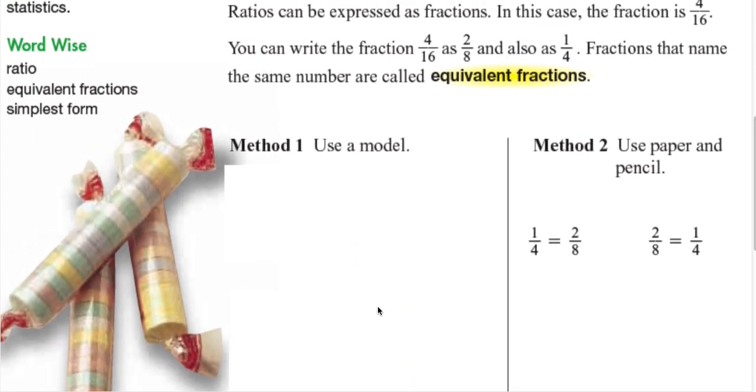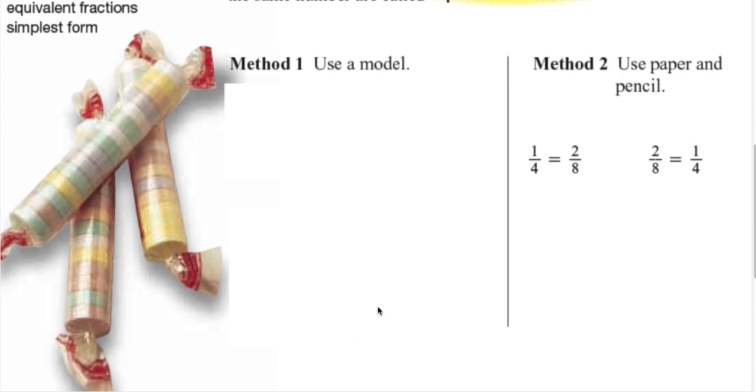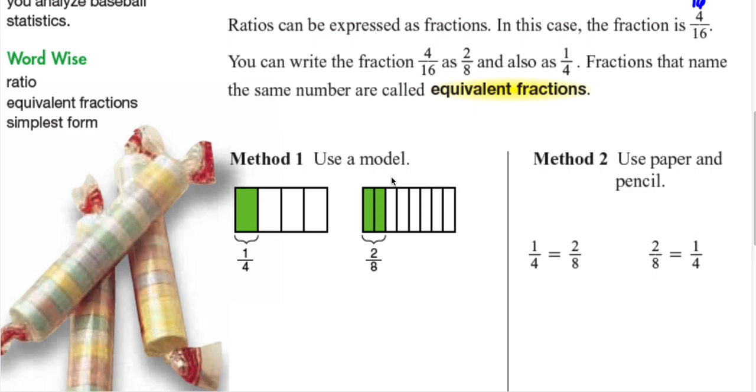Let's see how they're equivalent. Let's use a model to see how they are equivalent. If I look at 1/4, this is how 1/4 would look. And this is how 2/8 would look. If you notice, the size of this rectangle is the same size as that rectangle. That's the reason why they are equivalent, and the same goes for 4 over 16.